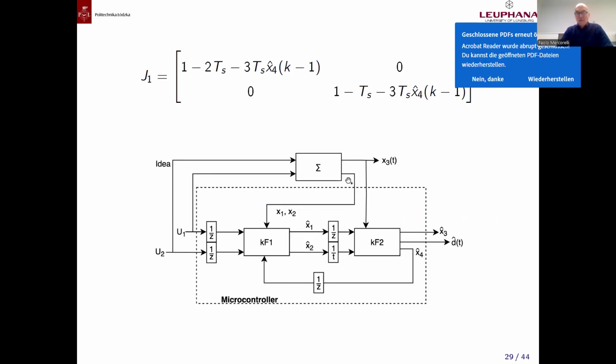I am measuring from the system X1 and X2, and I will estimate X1 and X2. In fact, I indicated here hat. X1 and X2 is the measured value, and I estimate nevertheless X1 and X2. I can do that.